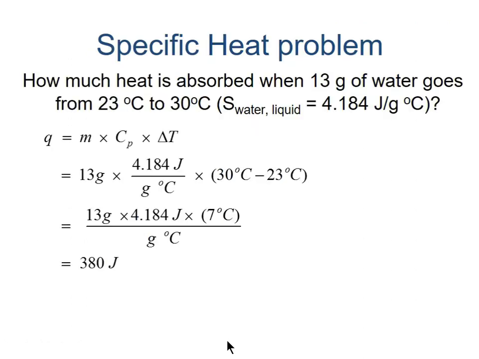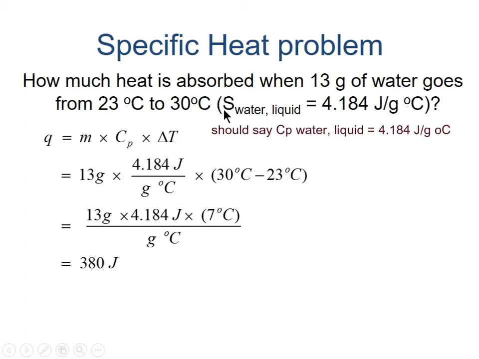This is what a specific heat problem would look like. How much heat is absorbed when 13 grams of water goes from 23 degrees Celsius to 30 degrees Celsius? So I notice that there's a change in temperature, and they're not talking about any chemical reactions involved. So I'm thinking, okay, this is a straight up specific heat problem. It also lists, although I forgot to change the S to CP.